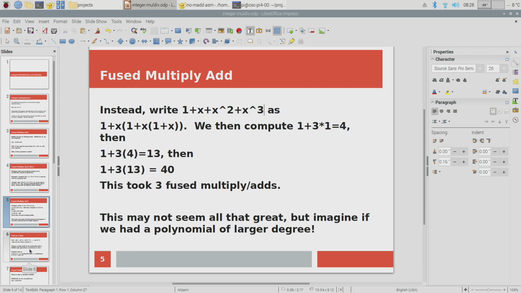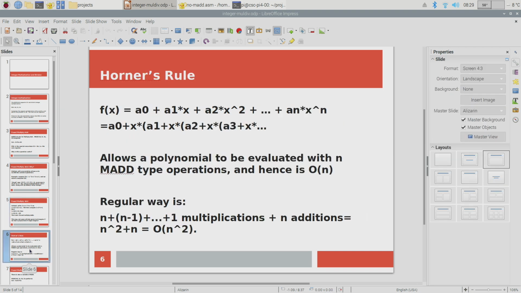But point being, what we're doing is thinking about this in a recursive kind of way. And this is called Horner's rule. It also has a few other names because Horner wasn't the only guy to notice this sort of thing.